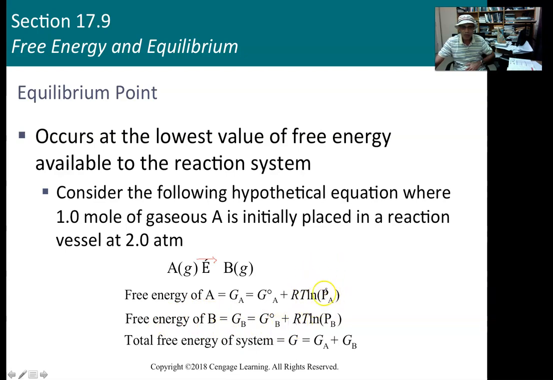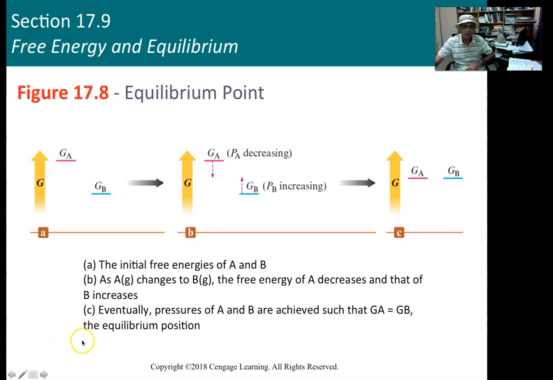So this is the pressure term. The total free energy will be the sum of the two. So we're looking at A and B here to start with, and as the reaction proceeds, we're expecting A to decrease and B to increase, to reach the point where the free energy values of B and A are the same.